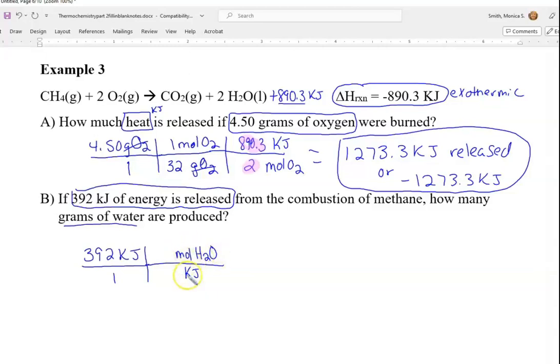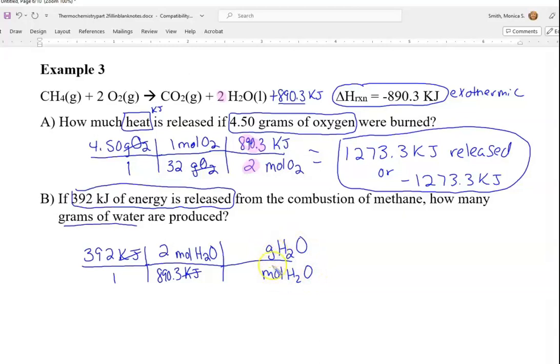So instead of a mole-mole ratio, we have a mole-kilojoule ratio. Where do these numbers come from? Coming from our balanced equation. In front of water, there is a 2. In front of my kilojoules is the 890.3. All right. That's good, but I don't want moles of water, so I'll bring moles of water down, and I can go to grams of water.